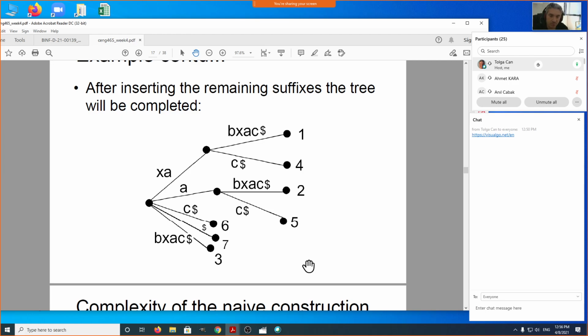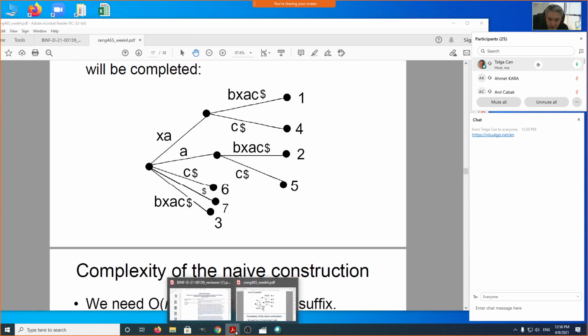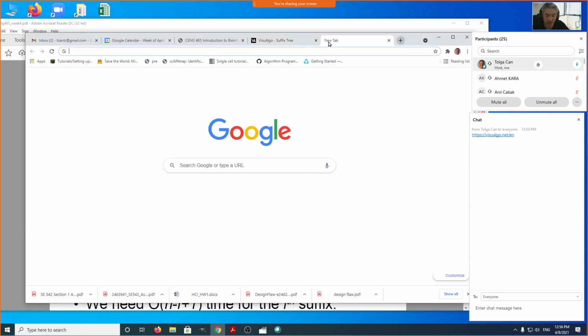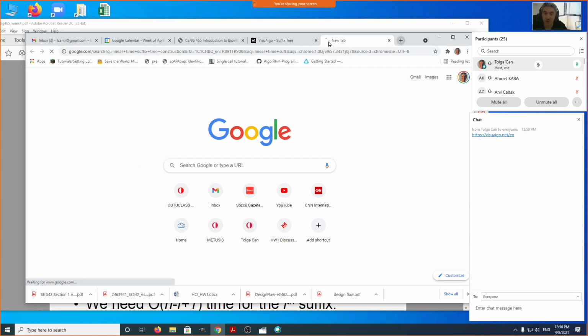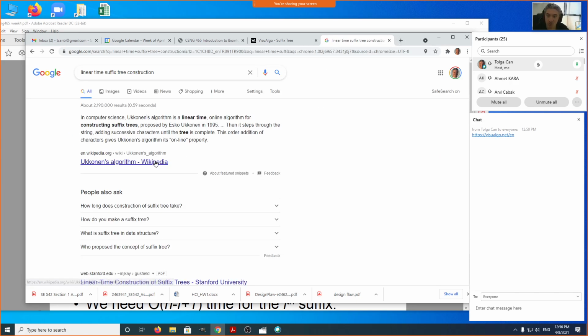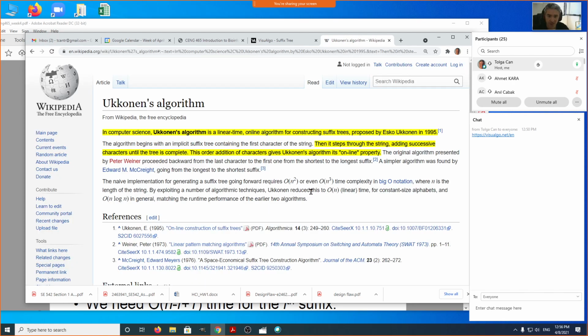So there's a linear time construction of suffix trees. You can search the internet for linear time suffix tree construction. It will get you to Ukkonen's algorithm. This was in 1995. I think the paper is here, online construction of suffix trees.